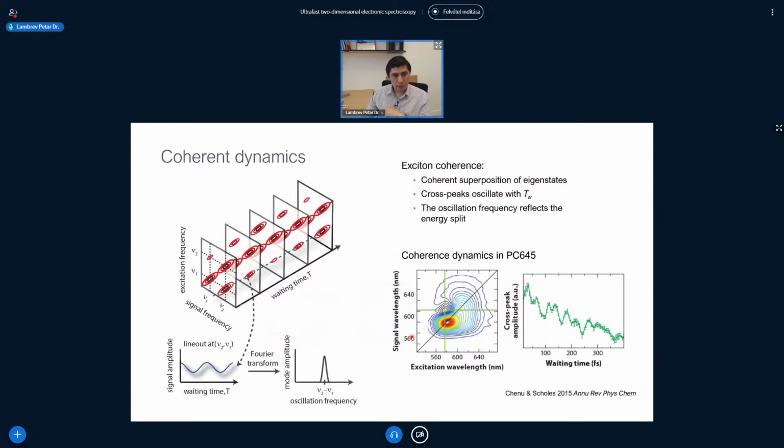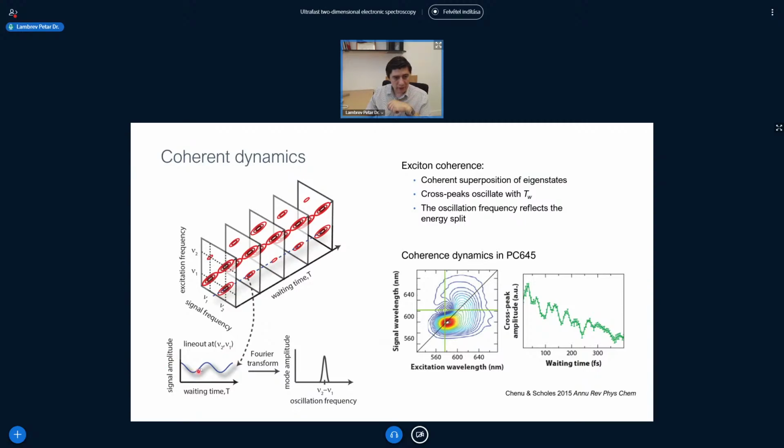And another type of information that you can follow in two-dimensional spectroscopy, and this is actually the main reason why the technique became so popular, is that you can follow coherence dynamics. That means the pump pulse can create coherent superposition of several eigenstates. And when that happens, this coherence can survive over the waiting time, and this can be observed by periodic oscillations of the cross peaks in two coupled states, let's say.